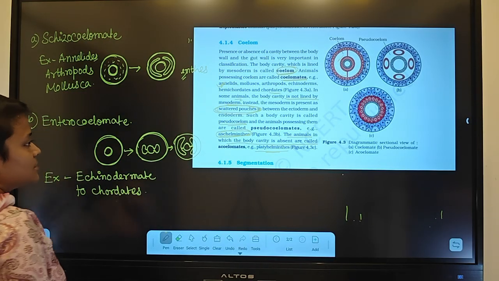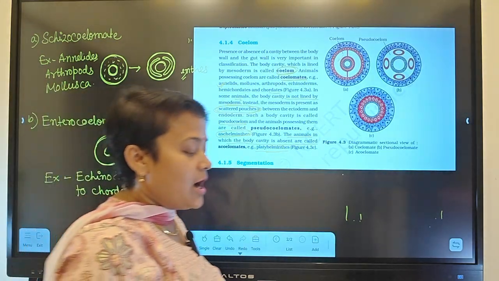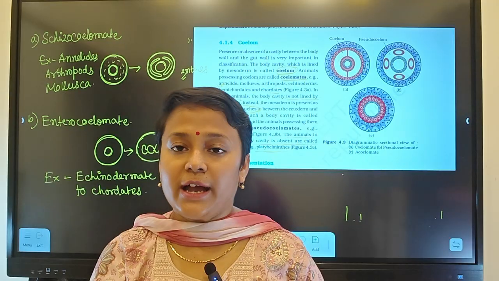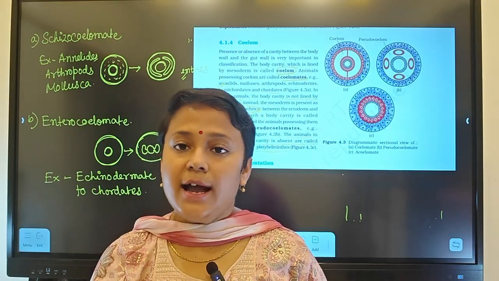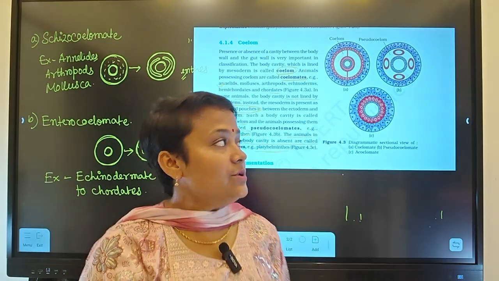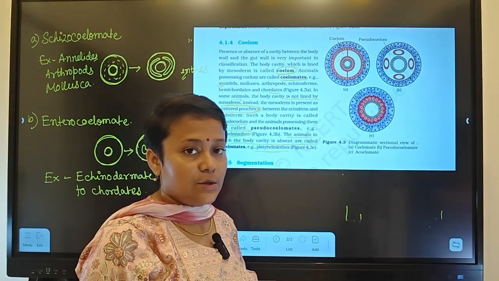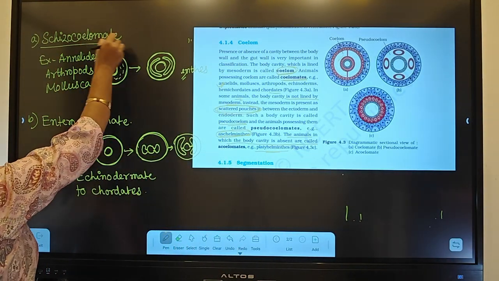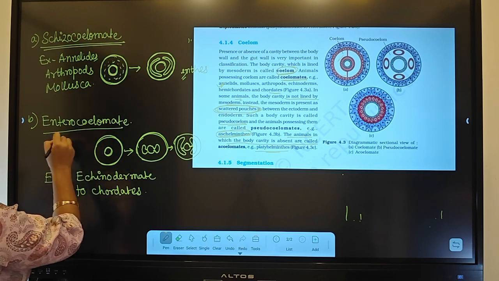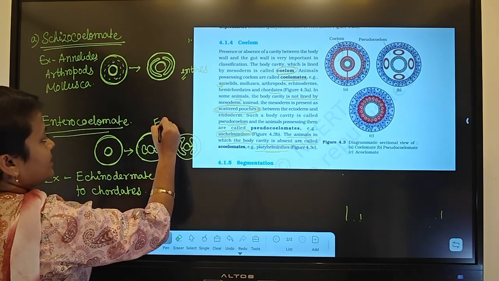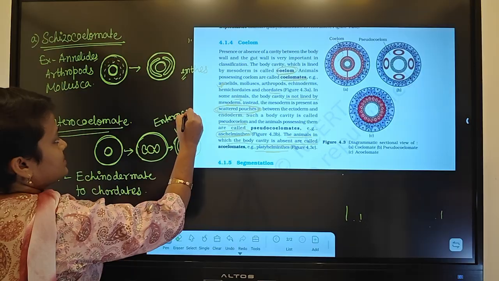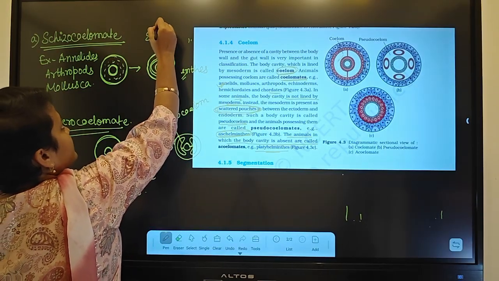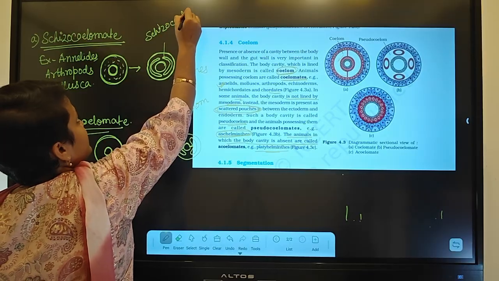Okay. So again, how the true coelom forms, by the help of that we can categorize the animals. Okay. So this is about the coelom. This portion which I have discussed, schizocoelomate and enterocoelomate. This is called enterocoelom and this is called schizocoelom.